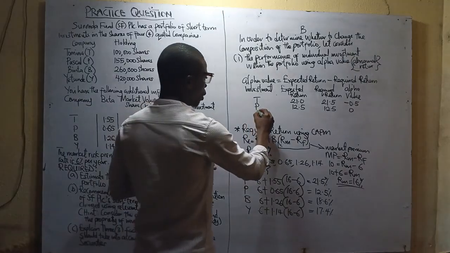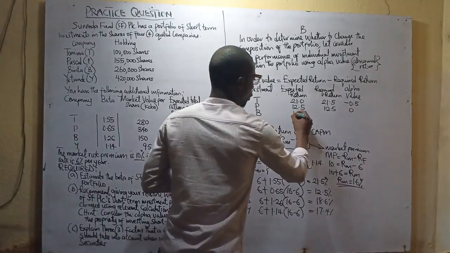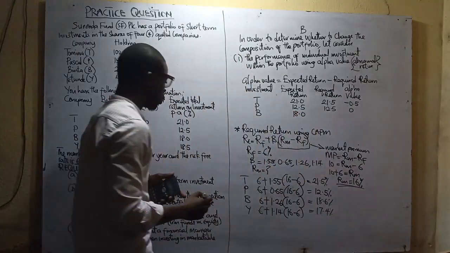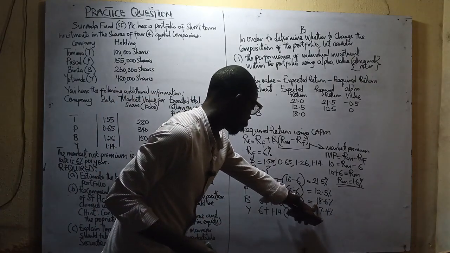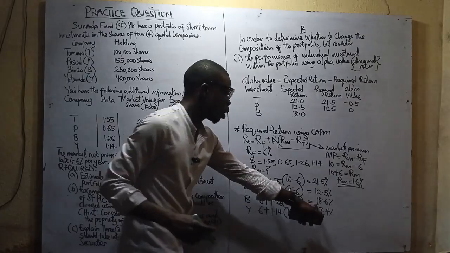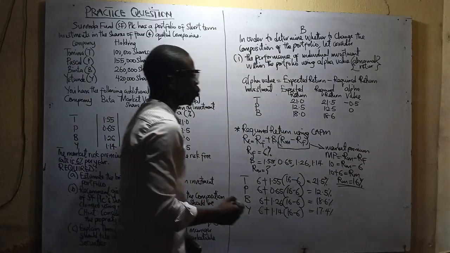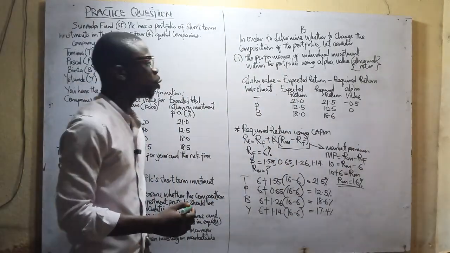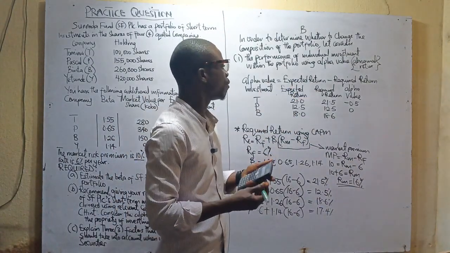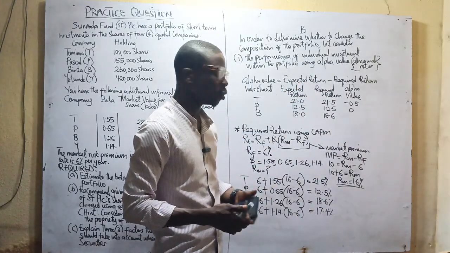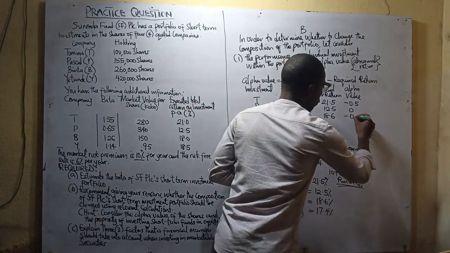We have for B now. What was our expected return? It is 18.0%. Our required return is 18.6%. So 18 minus 18.6%, because to calculate our alpha value is expected return minus required return, that will give us minus 0.6.